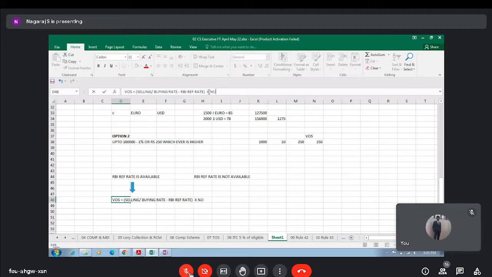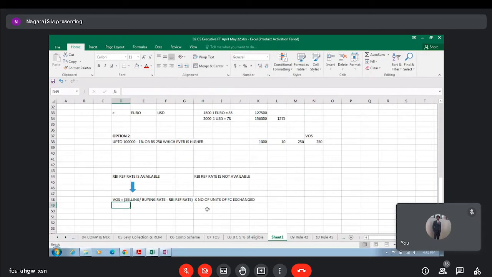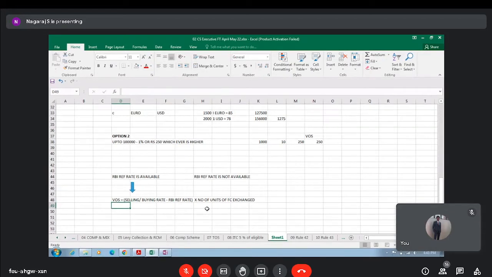Multiplied by number of units of foreign currencies exchanged. Value of supply is equal to buying or selling rate minus RBI reference rate multiplied by the number of foreign currency exchange units. That means if you are exchanging $1,000, multiply by 1,000.